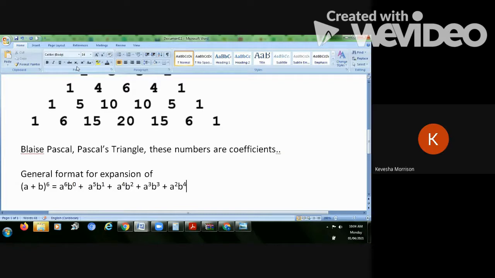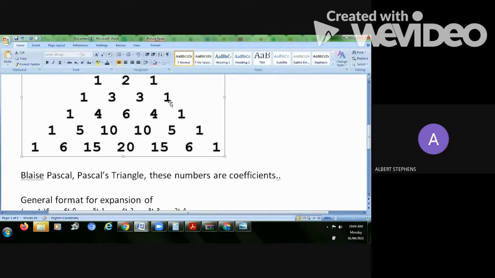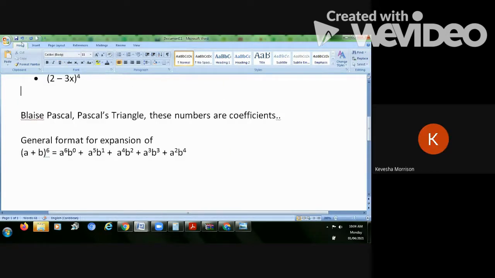Sir, how you get b to the 0? No, I said to ignore the triangle. We are using the triangle to do the general format for expansion of a plus b to the 6.